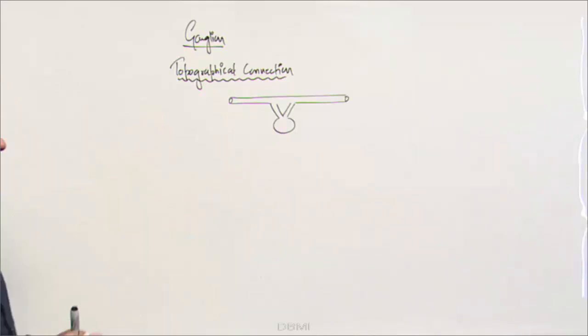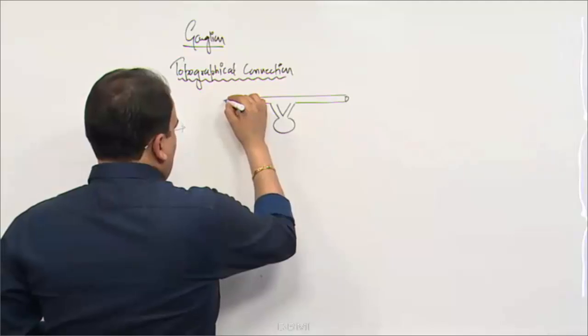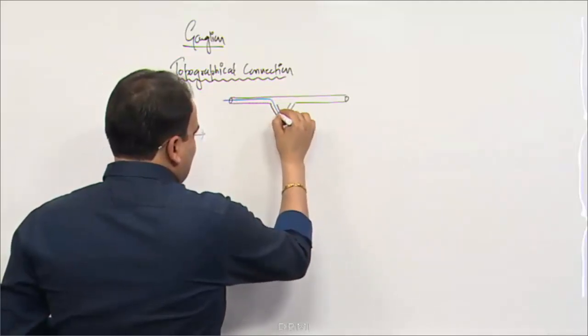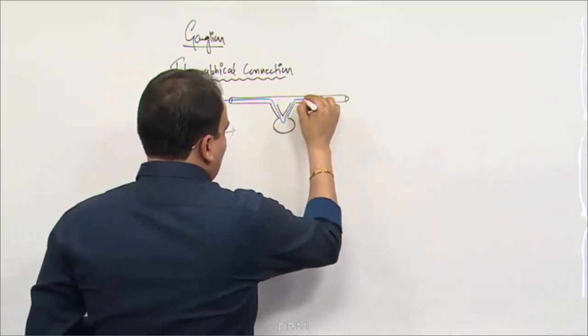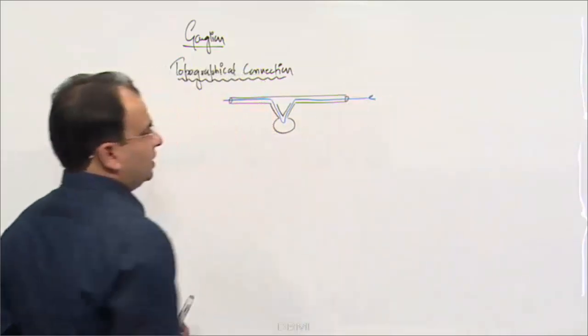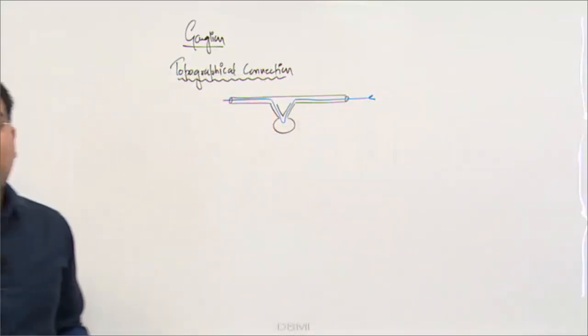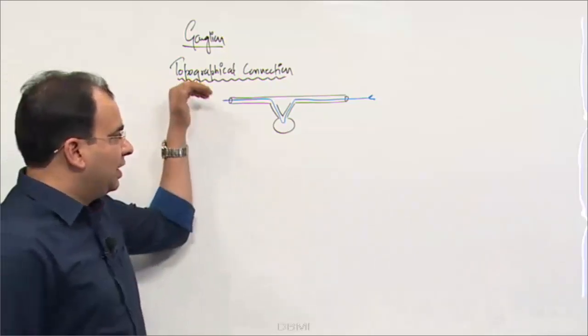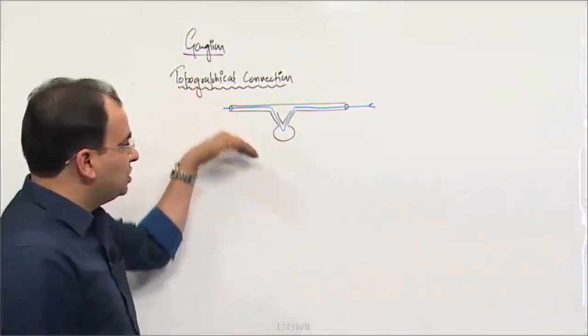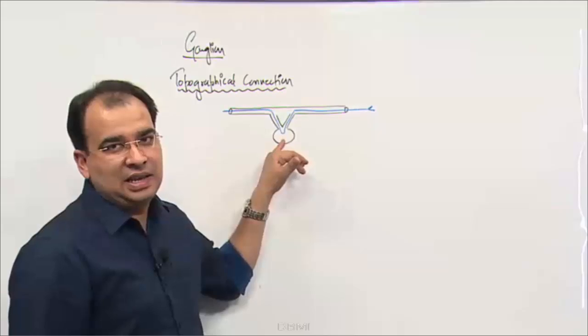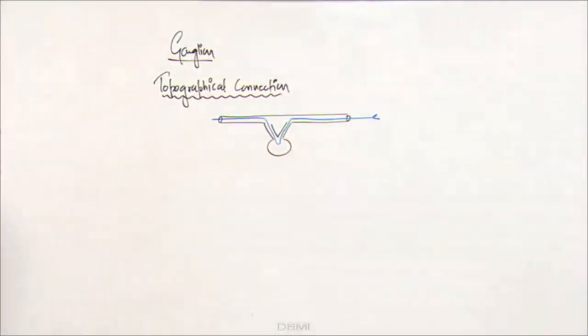If a nerve fiber goes inside the ganglion and without relaying it comes outside, then this type of connection is called a topographic connection. It's a topographic nerve. It is simply hanging the ganglion, it just goes in and comes out without relaying inside the ganglion. So we call it topographic connection.